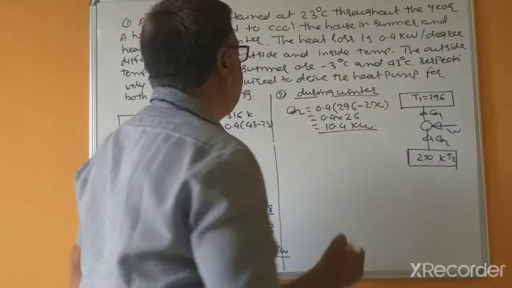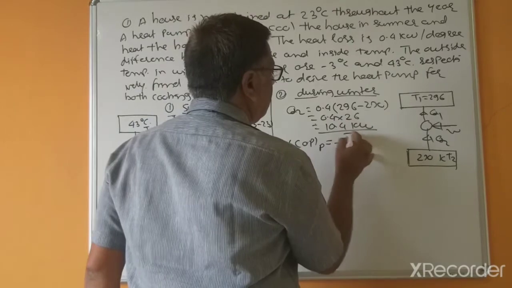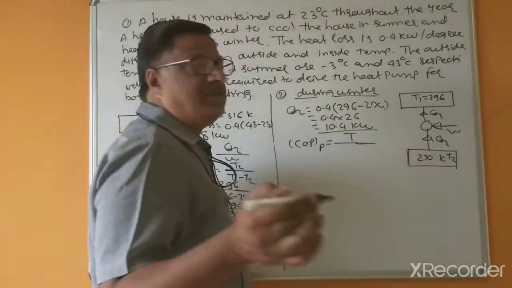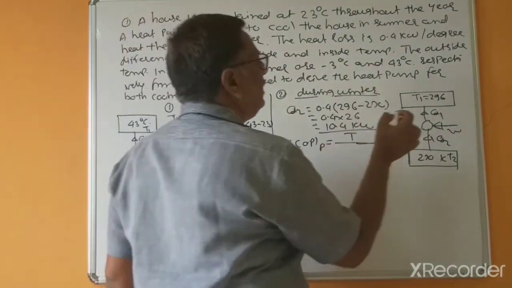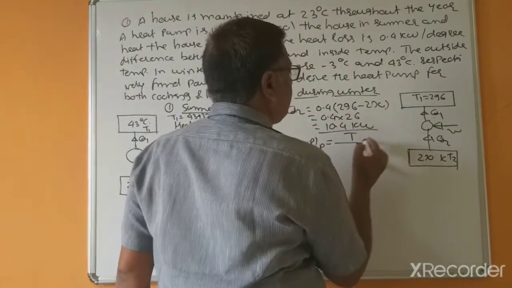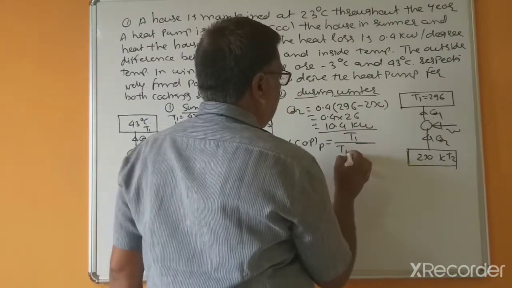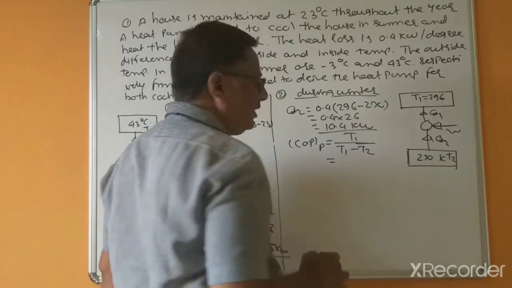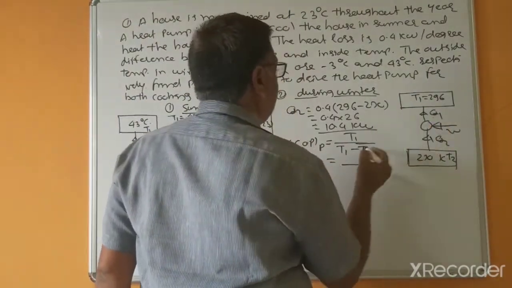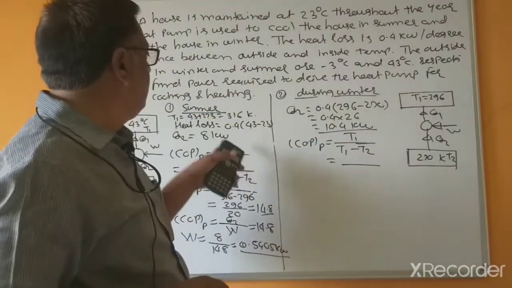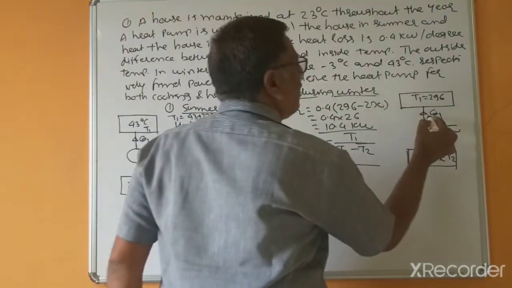Again calculate COP of the pump. What is important during winter conditions? This heat is to be supplied, so here it's T1 divided by T1 minus T2. This is used for heating purpose, unlike the cooling purpose earlier, so this is important.